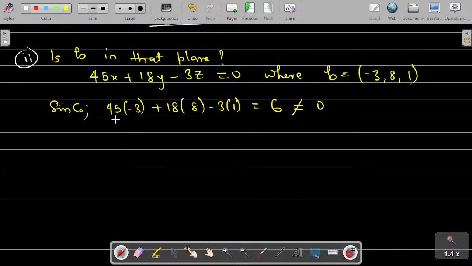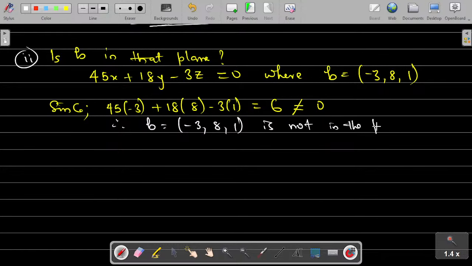Therefore, we can conclude that B equal to minus 3, 8, and 1 is not part of the plane. So it's not in the plane.